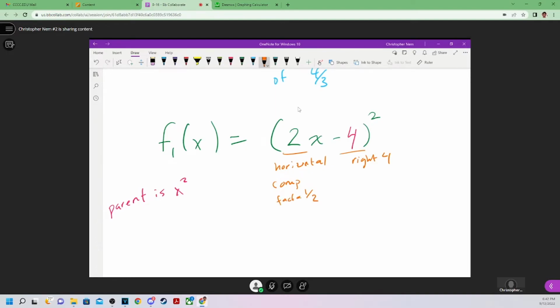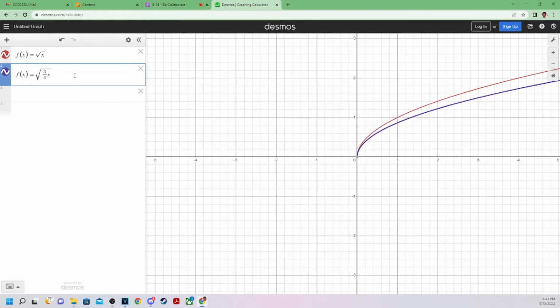We're supposed to, but that's not really what we're supposed to do. Normally, this is correct. We don't have to worry about that. It is a horizontal compression of factor of 1/2. However, this is incorrect. It is not moving right 4. And let's just check that just to be sure.